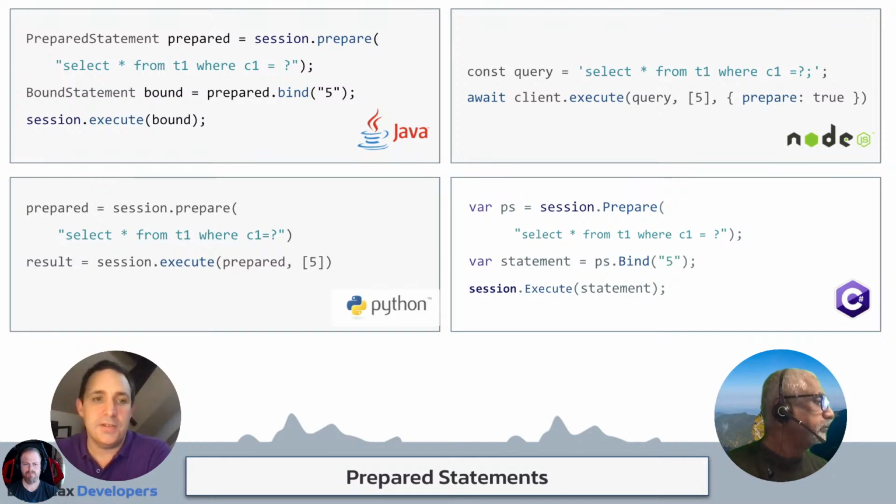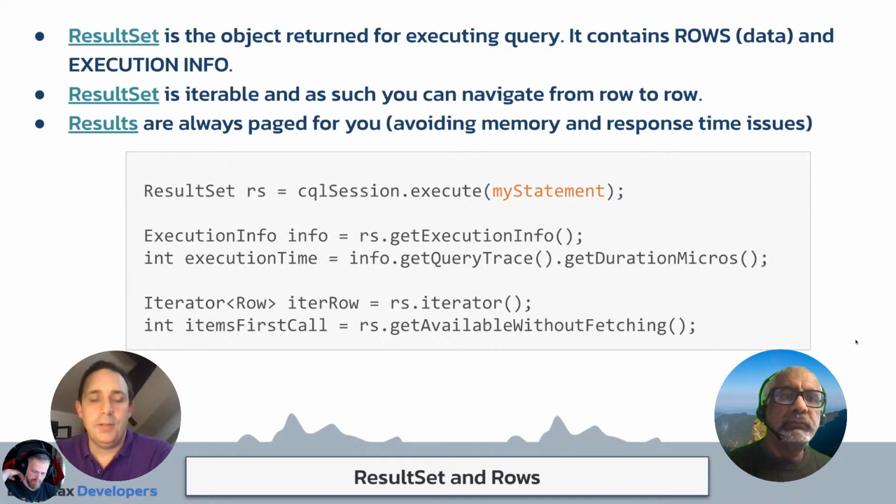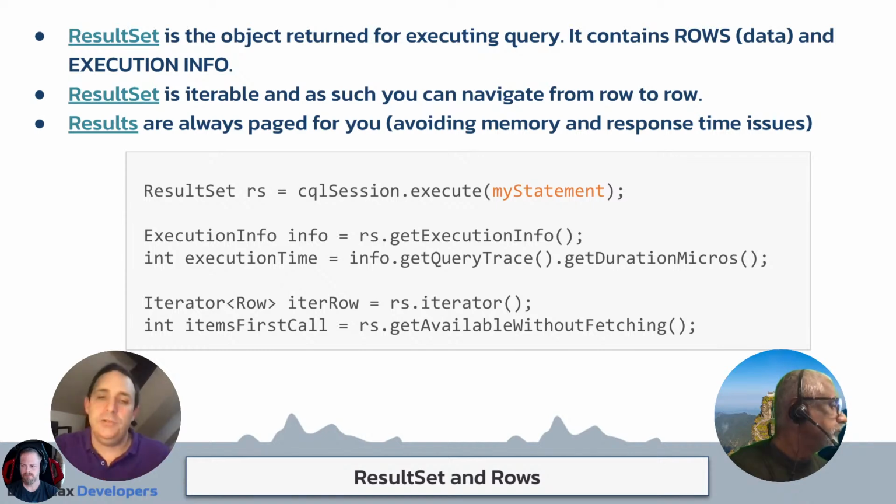So that's exactly the same code, which is neat. So please think about preparing your statement if you know in advance what your query will look like. If your query is dynamic, you can fall back to the simple statement.